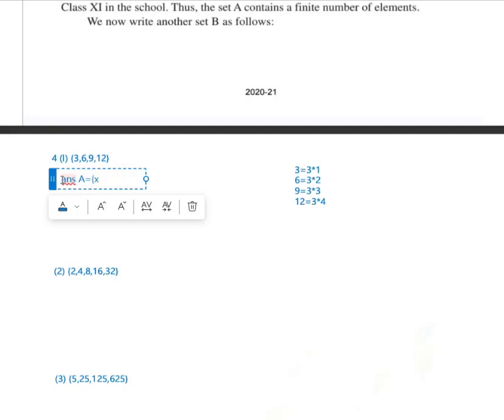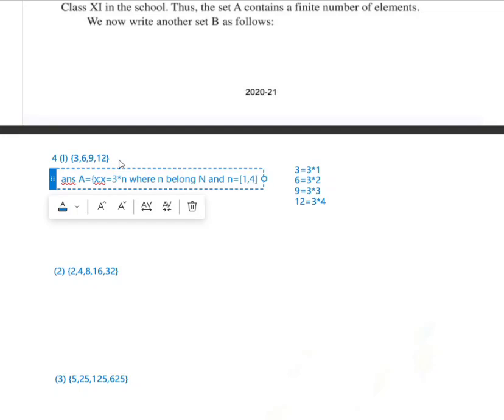So we can say A equals, first of all, x colon x, and the fixed property we have seen is 3 multiplied by n, where n belongs to the natural numbers and n is from 1 to 4.